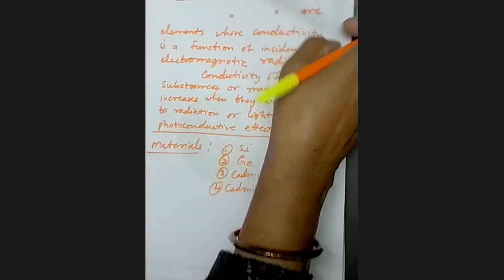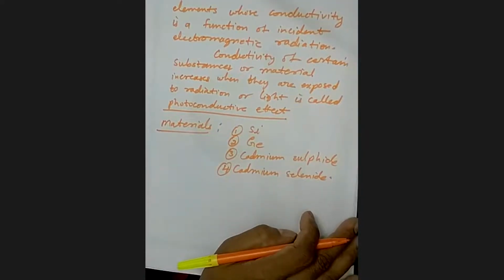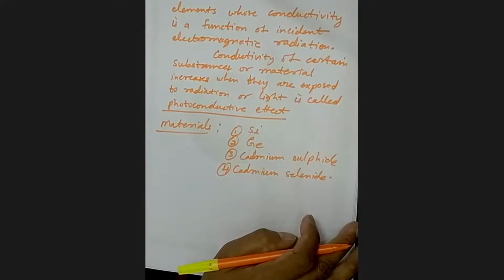Now, the electrical conduction in semiconductor material occurs when free charge carriers, for example electrons, are available in the material and when an electric field is applied.